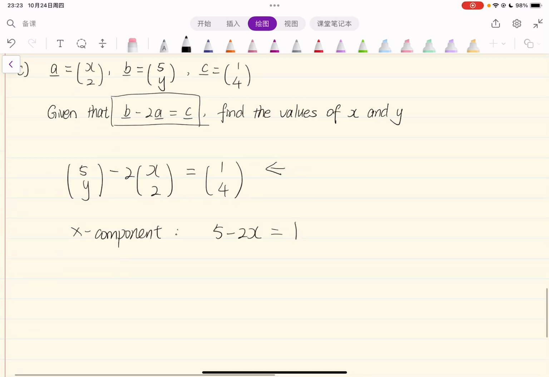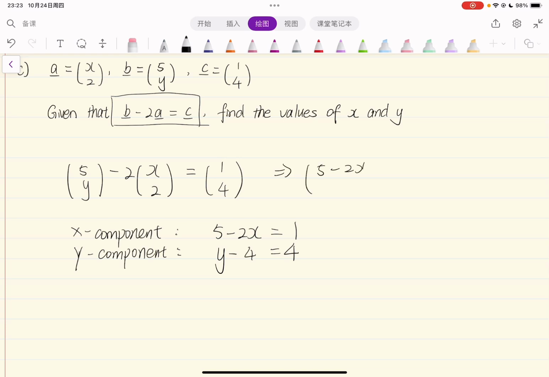And for the y component, we have y minus 4 equals 4. You can also write it as (5 minus 2x, y minus 4) equals (1, 4), and then written in this form, solve the equations.